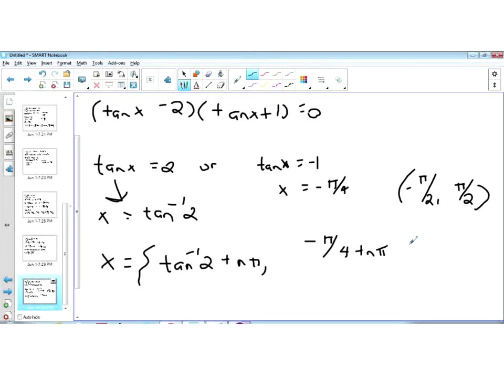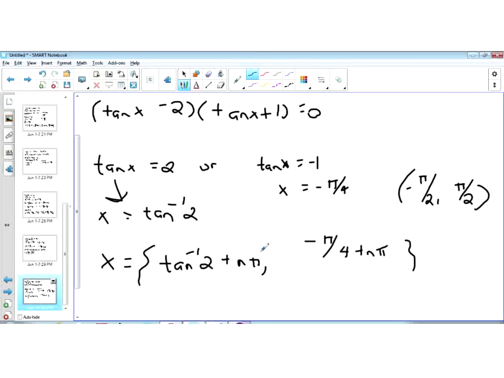And so your 7 pi over 4 would fall in here. If n were 2, then 2 pi plus minus pi fourths would be 7 pi over 4.